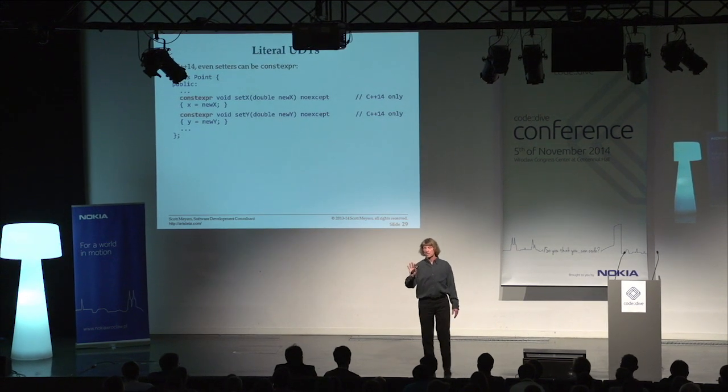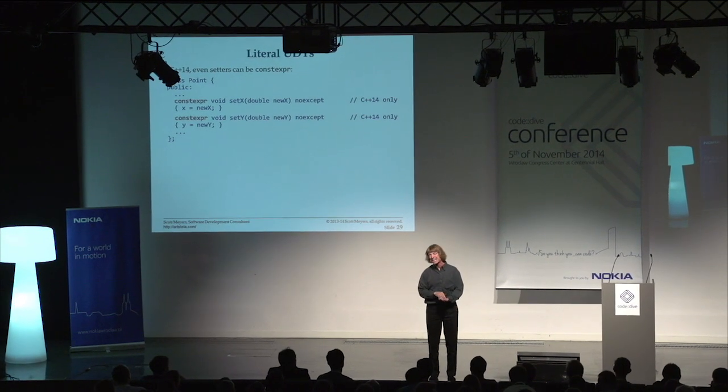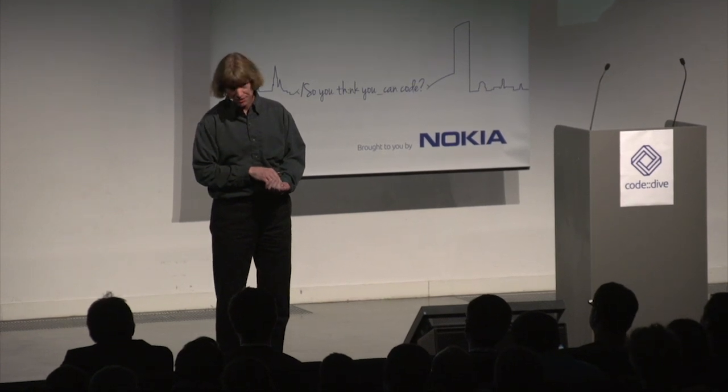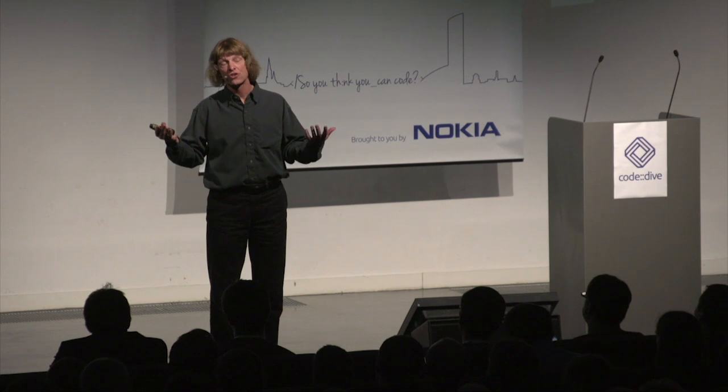The reason I'm using noexcept on them is because the existence of noexcept on functions that will never throw an exception can permit the compiler to generate better code if it executes at runtime. So I've chosen to use noexcept because the examples that I've given, I believe they should never yield an exception. They're not doing anything that should ever give rise to it. So if for some reason they are called at runtime, I would prefer the compiler to be able to generate the best possible code. So that's why I'm using noexcept.